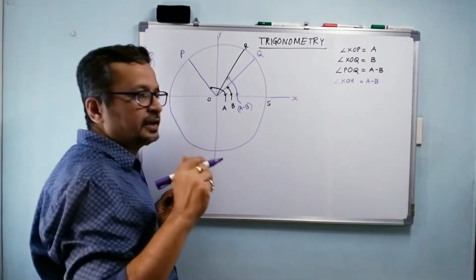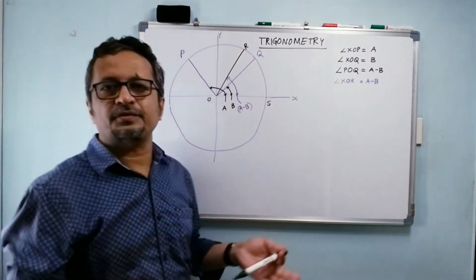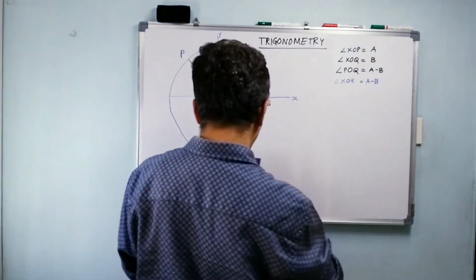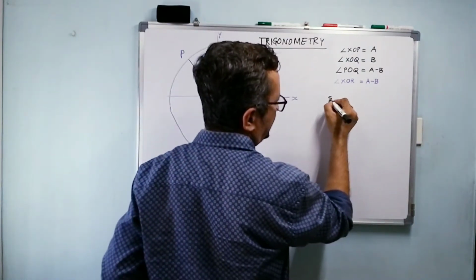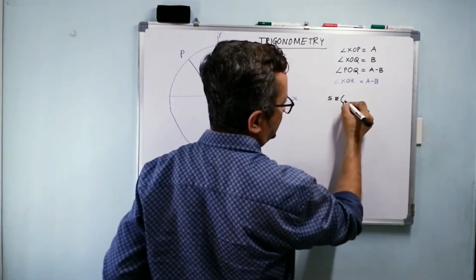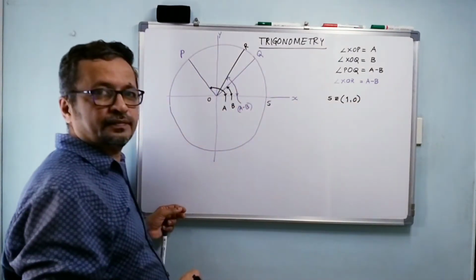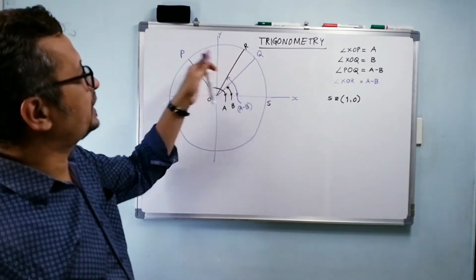Now it is a unit circle, right? So what are the coordinates of S? Coordinates of S would obviously be 1, 0. Correct. So I am going to write that here. My point S, its coordinates are 1, 0. What about the coordinates of Q and R?